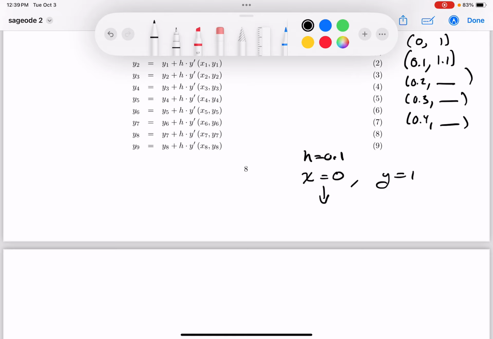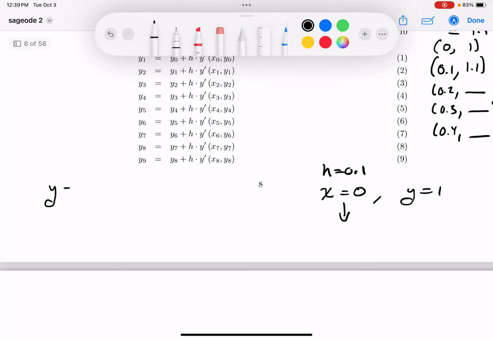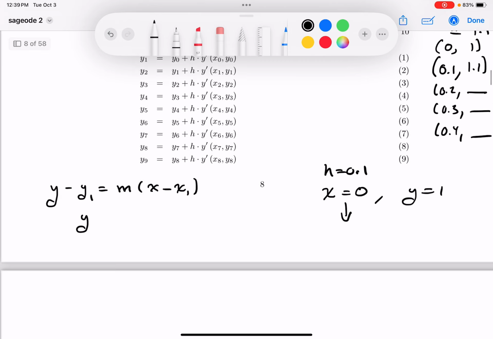So let's write this down over here. And as I do it, I'm going to talk about it as an abstraction. What I'm going to do is talk about y minus y1 equals m times x minus x1. That's an equation of a line, by the way. So let me write y down over here, but I'm going to write down, it would really be y2.